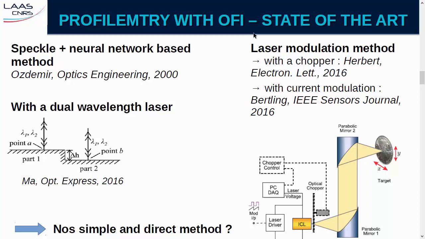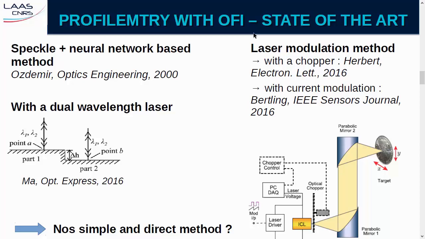The second work uses a laser that emits two different wavelengths. In this case, you need a mathematical expression combining the two signals that you get from the two wavelengths. This was published recently, in 2016. But it works only with a very specific type of laser that has these two wavelengths.